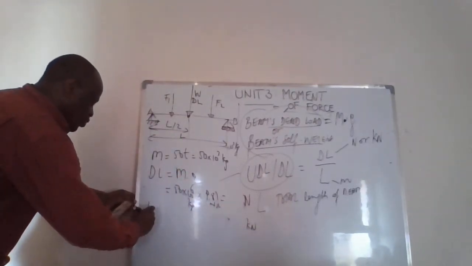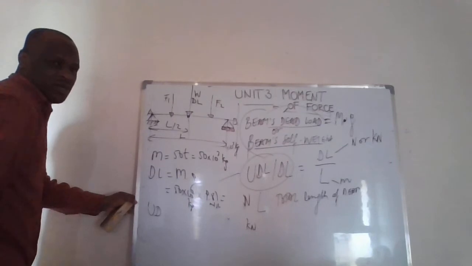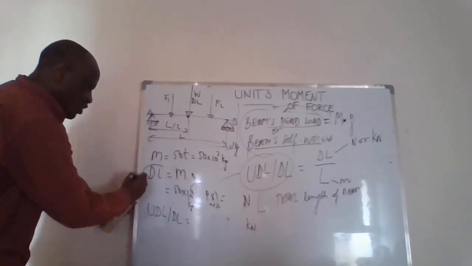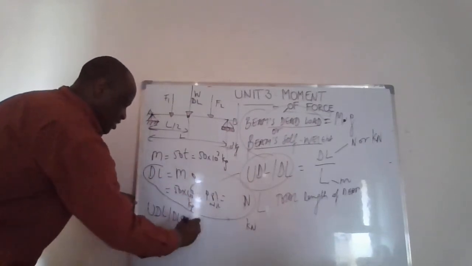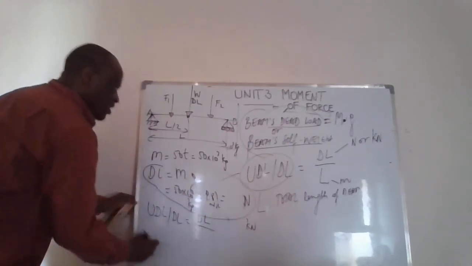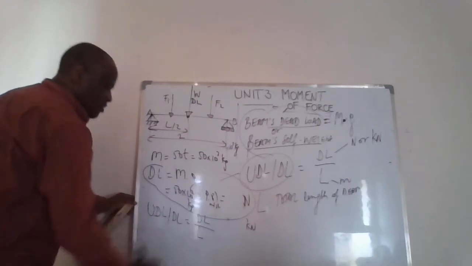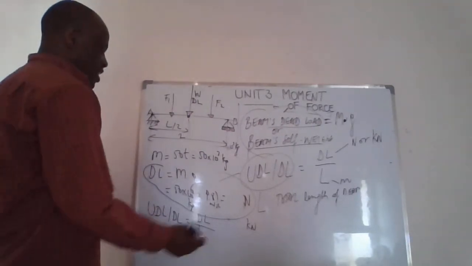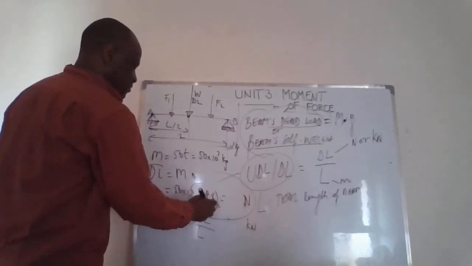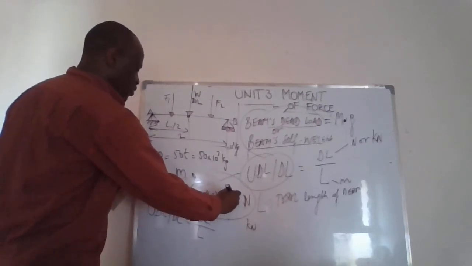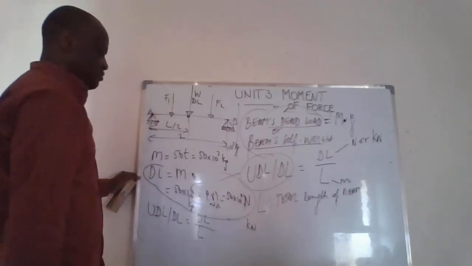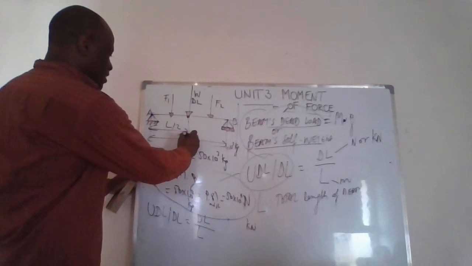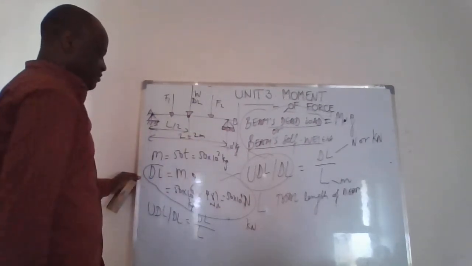Then how do we get the UDL dead load? The UDL dead load will be the dead load that we got here over the length of the beam, the total length. Let's admit that we get maybe 50 times 10 to the power 4 here in newtons, and the length is 2 meters.